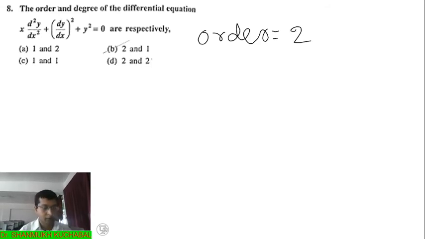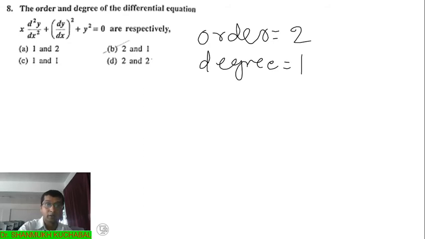Then further, degree: the highest order is 2, its power is 1, so degree is 1. Therefore option B, that is order is 2, degree is 1. We take it serially wise: first we write order and then degree. Therefore B is the right answer.